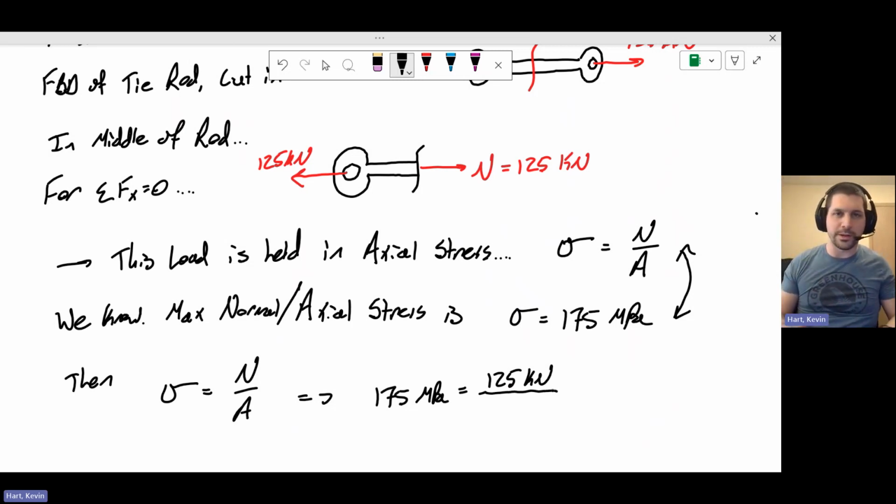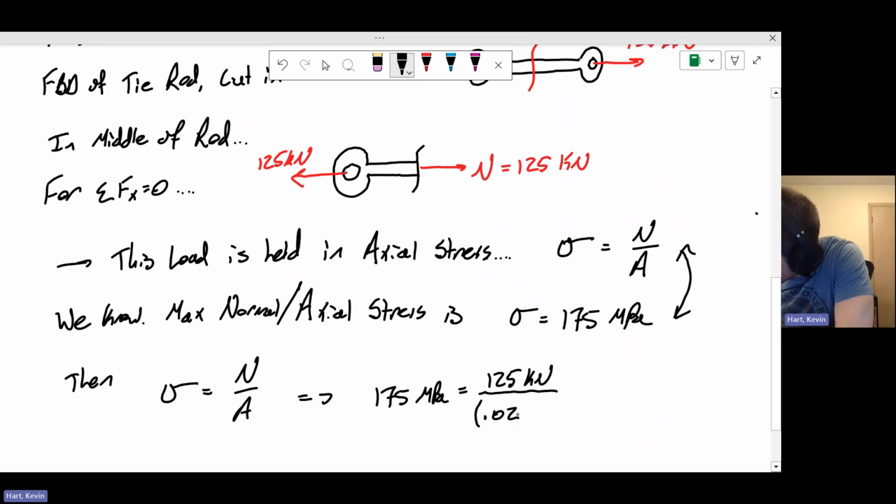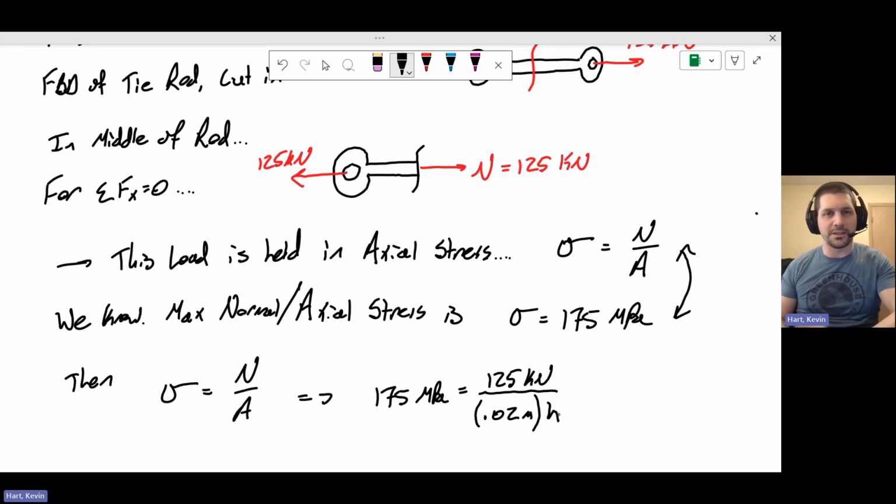The thickness I know is 20 millimeters. I'm going to write that in meters, I just like working in meters. This is 0.02 meters times my variable h, which is the height of the tie rod that I need, or more or less the width of the tie rod that I need to make sure that we don't exceed the maximum stress.